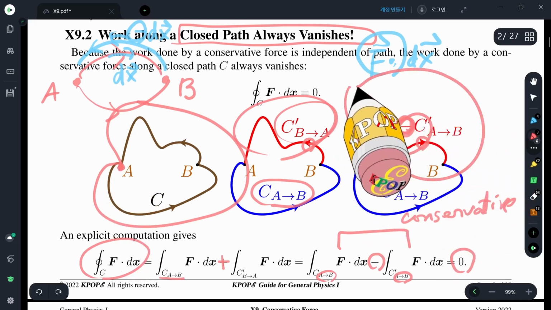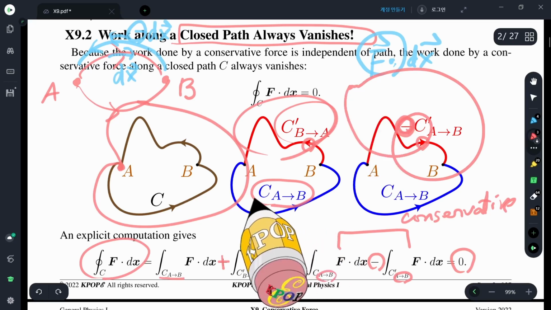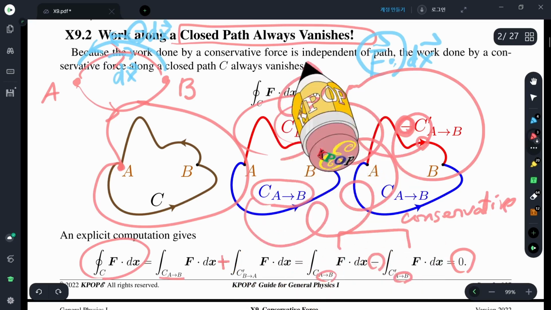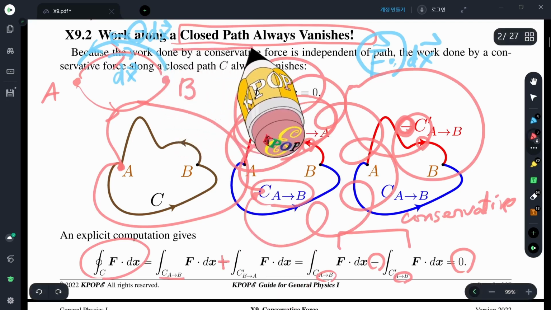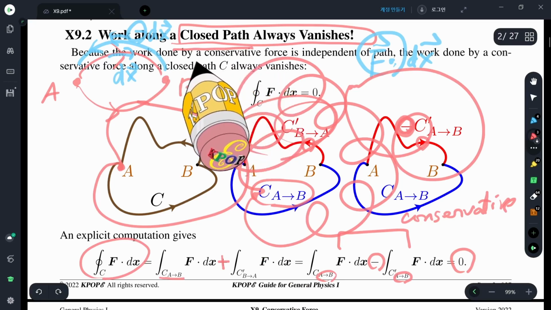For example, this one, 0. This one, 0. Along any closed path, conservative force does not work at all.